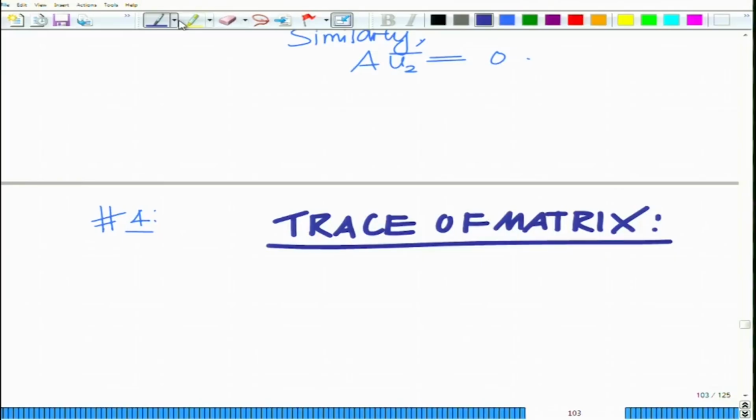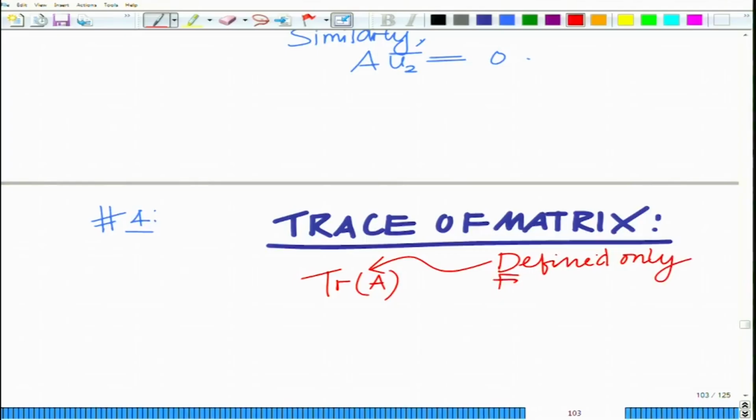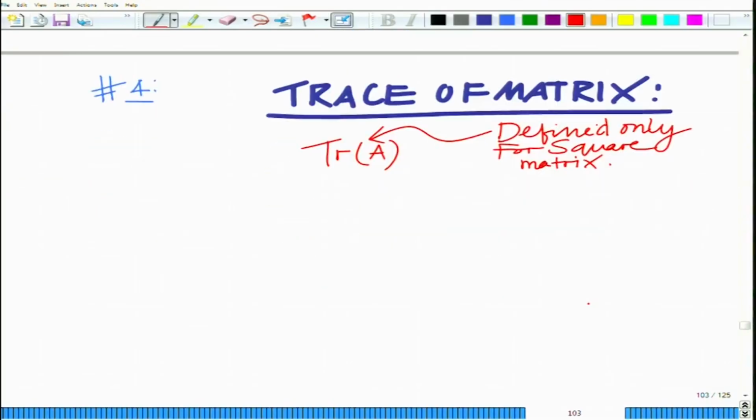Let me briefly recall that the trace of a matrix is defined only for a square matrix, and the trace of a matrix is the sum of the diagonal elements.